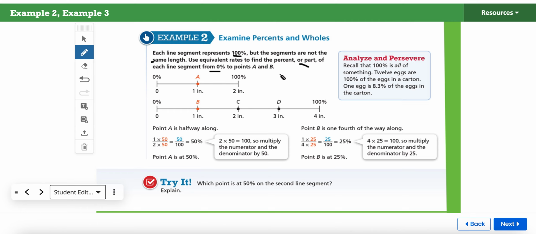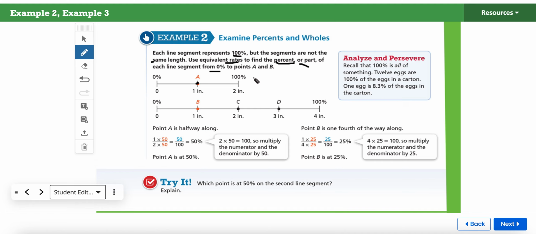All right, so we're looking at point A and B. So this is point A, okay, and we have from 0 to 100, and they want us to use equivalent rates to find the percent. So we're looking for the percent or the part.